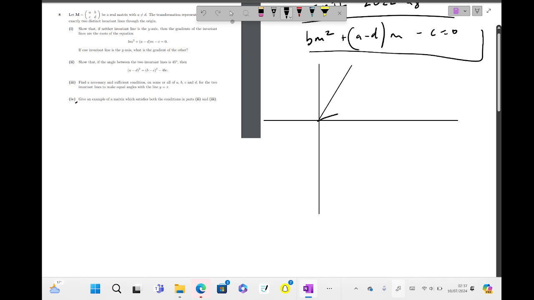We have 2 lines, and in between is the line y equals x, and they subtend the same angle theta. Now you can immediately see that these lines are reflections in the line y equals x. If you consider vectors, that would be handy information to know.